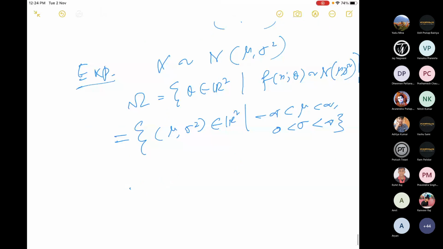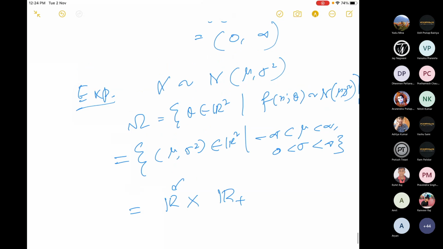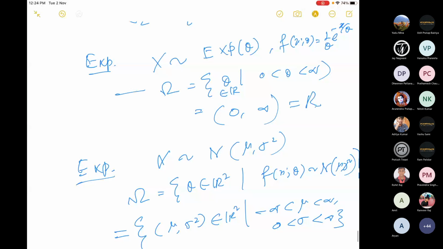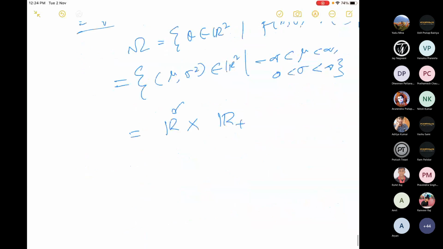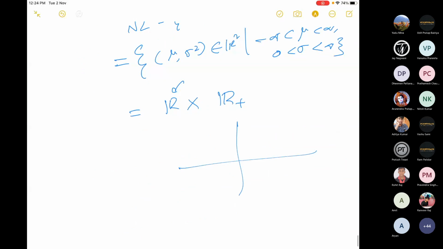Here mu varies on R, and sigma square on R plus. So this is the entire upper plane. This is the parameter space.